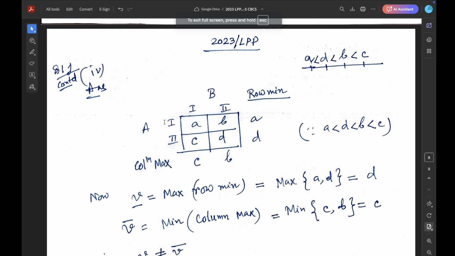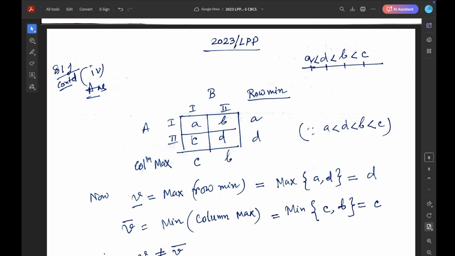Say maximizing player A and minimizing player B. First we find the row minimum. For the first row, A and B, A is less than B, so the row minimum is A. For the second row, C and D, D is the minimum, so the second row minimum is D.